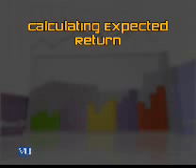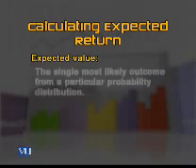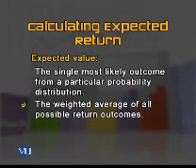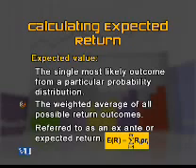While we're talking about calculating expected returns, we're talking about expected values. An expected value is the single most likely outcome from a particular probability distribution. It is the weighted average of all possible return outcomes, referred to as an ex ante or expected return.